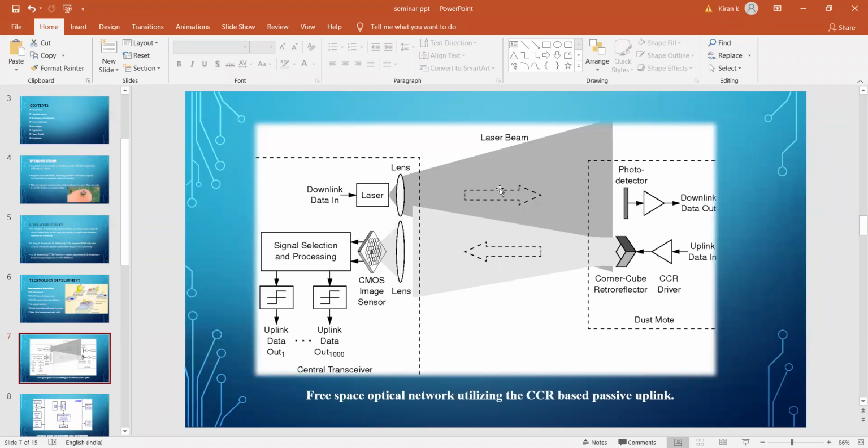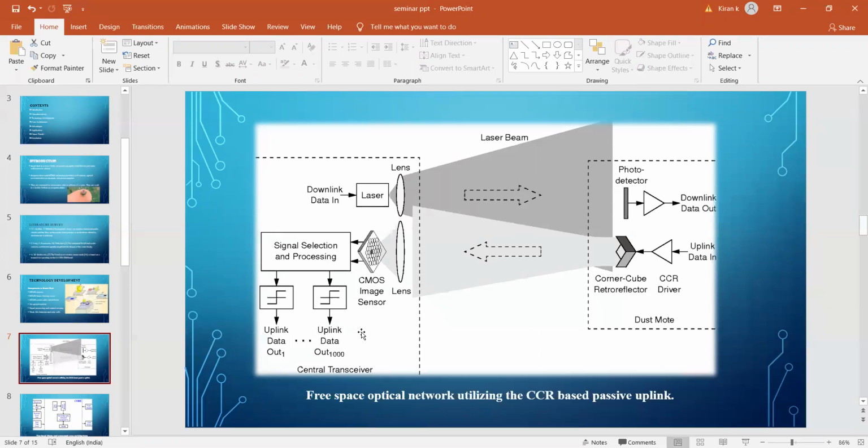This figure illustrates a free space optical network utilizing the corner cube retroreflector based passive uplink. Here in the figure, the left part of the diagram is called the base station transceiver.